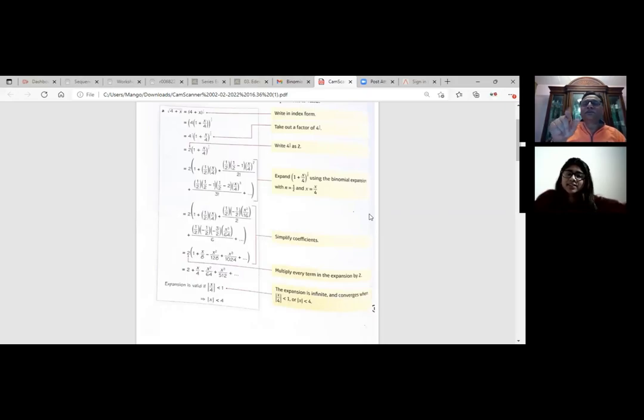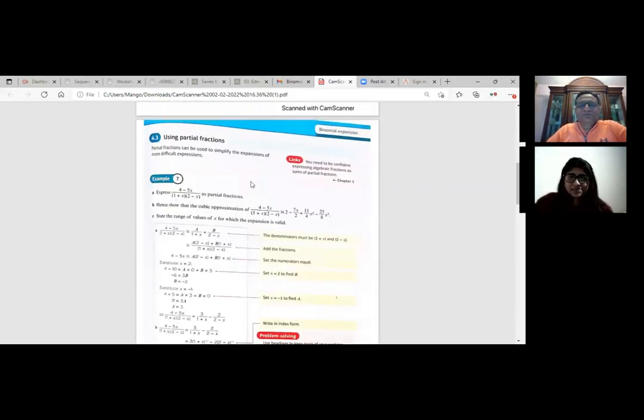And the x term has increasing powers from 0, 1, 2, 3, done. So that is the expansion. If you keep this in your mind, you are all set. You cannot make a mistake. You don't need to sit there and learn the formula as long as you understand, because there are too many formulas to remember. Make it easier for yourself.